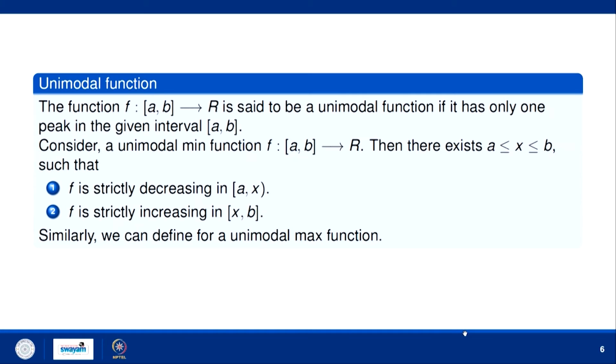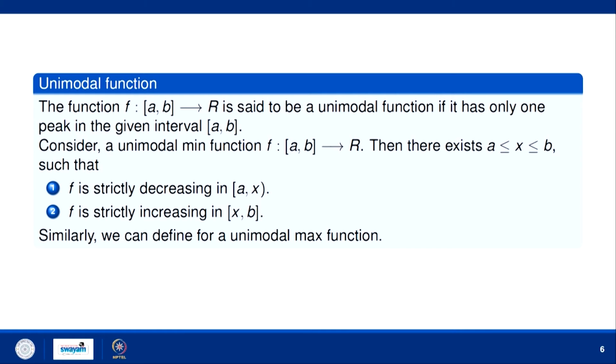Now, we have the unimodal function. What do we mean by a unimodal function? Consider a function f on an interval [a, b]. This initial interval is called the interval of uncertainty. You have a closed interval [a, b] and you are interested in finding the point x, which is the optimal solution of a given unconstrained optimization problem.